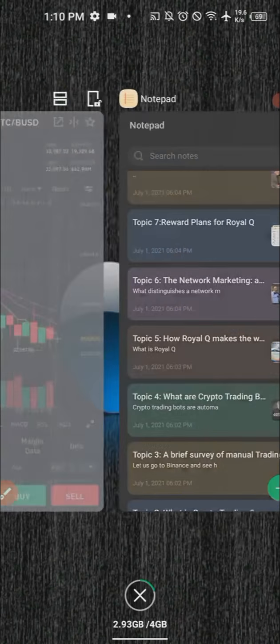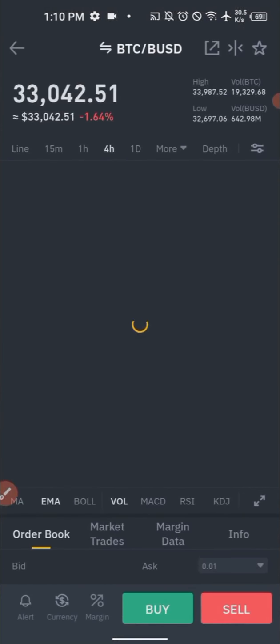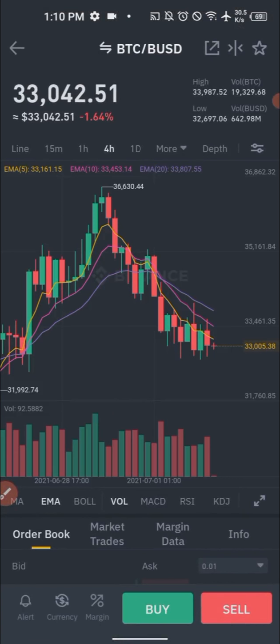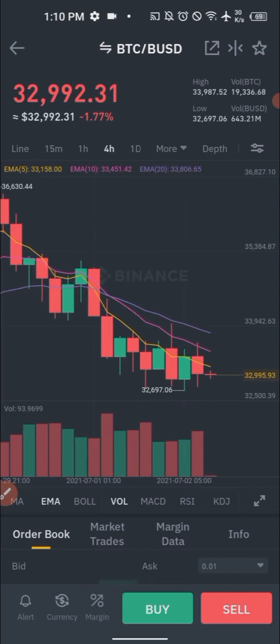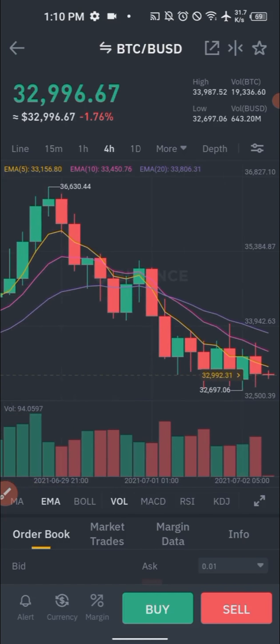What that simply means is 3,300 plus 33,000, meaning the price has to be 36,300 before I can make 10% profit on this coin. Now let us check the last time this coin entered 36,000, which is here.